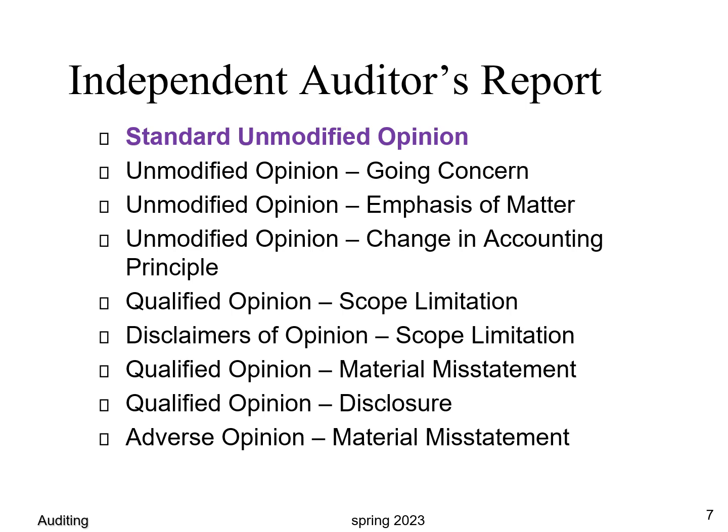When the terms in the standard unmodified opinion are not correct, are not true, then you're going to have to change your opinion. So here's a list of all the reports that are shown at the end of the day 1 handout, and we'll get to that. That's day 4. We'll go through it in great depth.